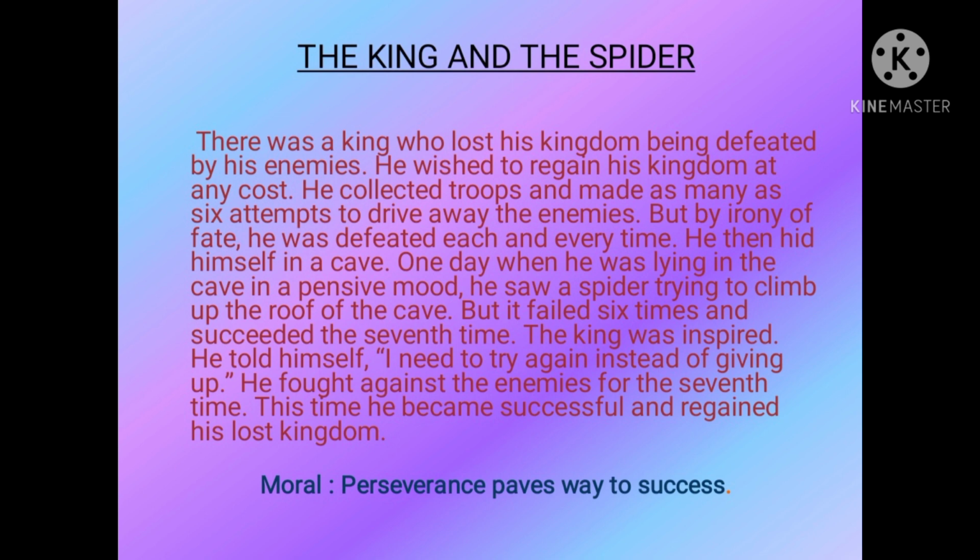But by irony of fate, he was defeated each and every time. He then hid himself in a cave. One day, when he was lying in the cave in a pensive mood, he saw a spider trying to climb up the roof of the cave. But it failed 6 times and succeeded the 7th time.